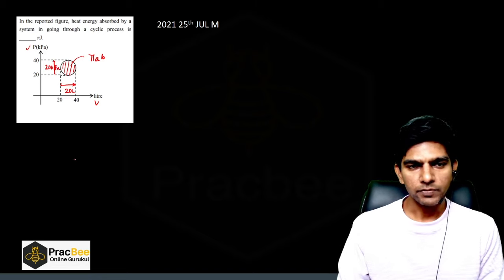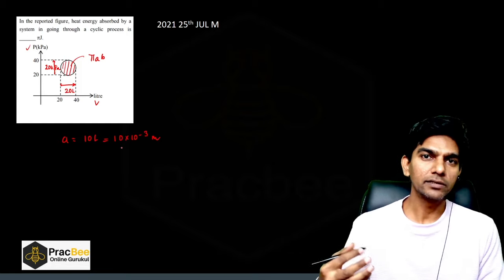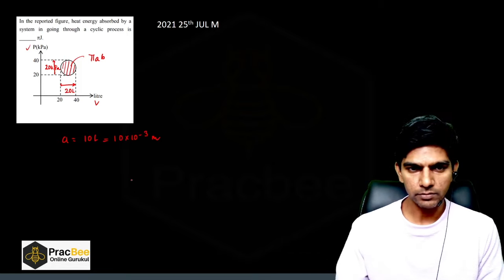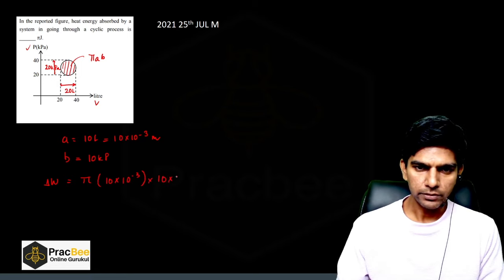If that is the case, we can say A is 10 liters, and it can be written as 10 times 10 raised to minus 3 meters cubed, because 1 liter is equivalent to 10 raised to minus 3 cubic meters. And B will be 10 kilopascals. So the work done in this cyclic process will be pi times AB. A is 10 into 10 raised to minus 3, and B is 10 into 10 raised to 3.